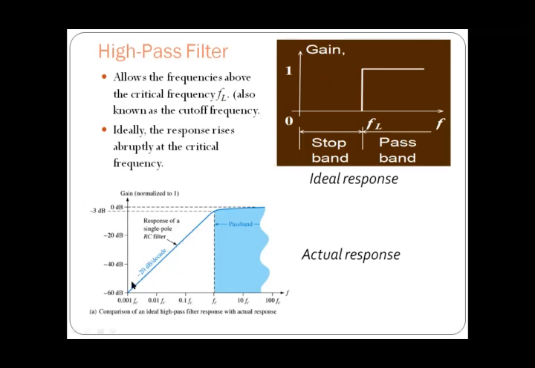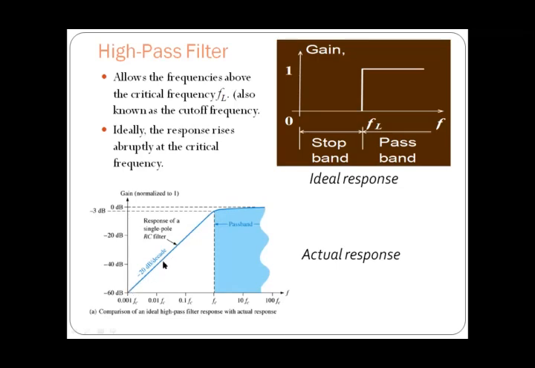Coming to the practical response, the response will not be similar to the ideal response. You can see here that the steep part will not be a vertical line. Instead of a vertical line, it will be a rising line, the blue color line.